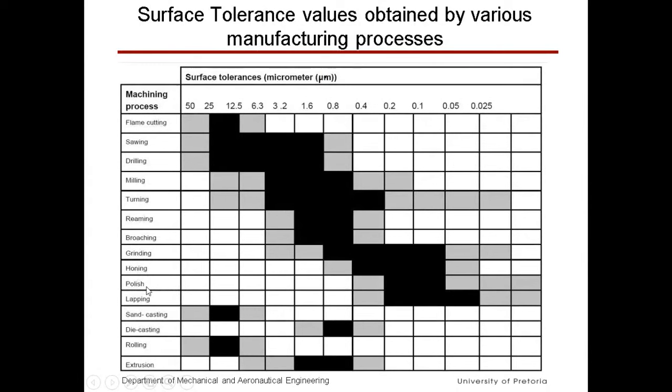Polishing, however, that's what I used on the inside of the reflector, can go way down into small fractions of a micrometer. So here you're talking 50 nanometer variation or roughness on the surface.